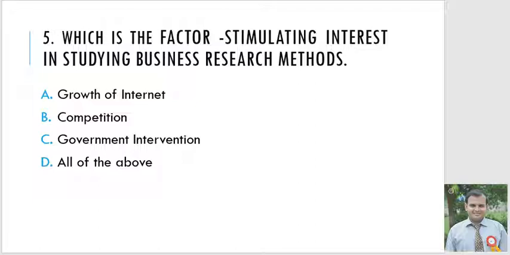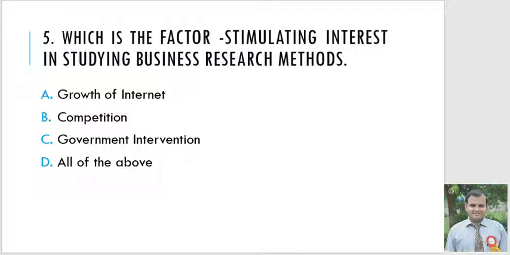So you have to identify one factor from these four options. A, growth of the internet. B, competition. C, government intervention. Or D, all of the above. You have to choose the correct factor which may stimulate interest in studying the business research method. From the four options, one is the correct answer.